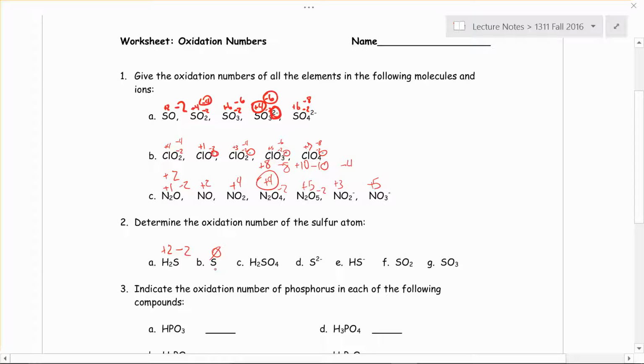But anyways, when it's all by itself, the oxidation state is 0. O2, 0. H2, 0. Sodium metal, all by itself, 0. Potassium metal, all by itself, 0. So that's how you would describe it. Anything in its natural state is always at an oxidation state of 0.